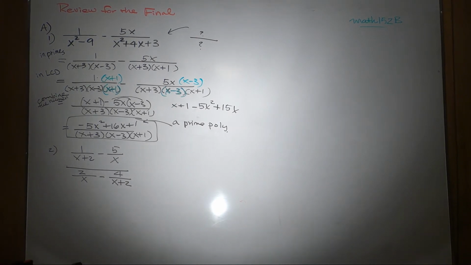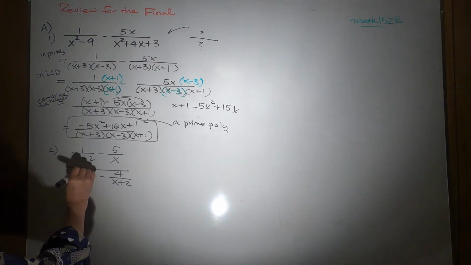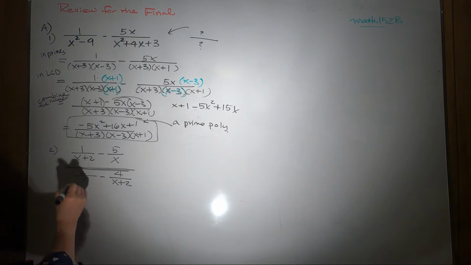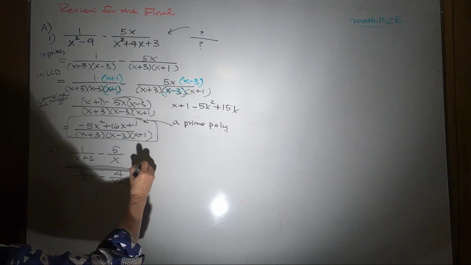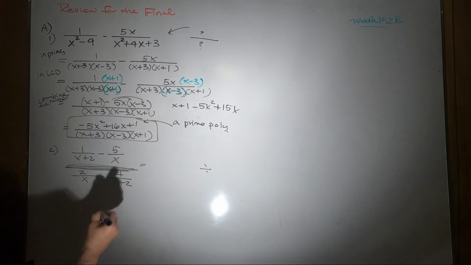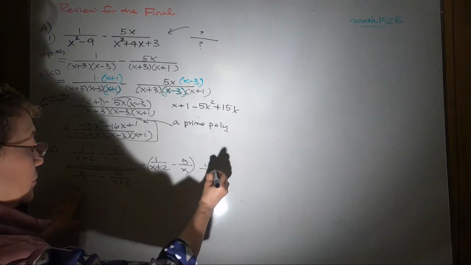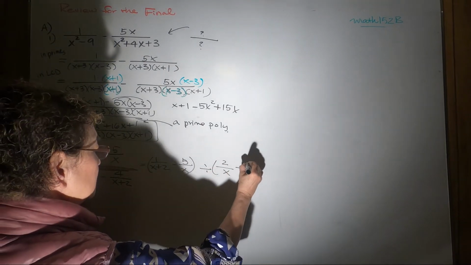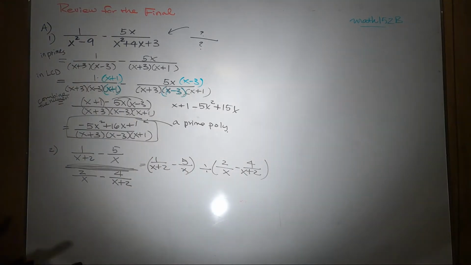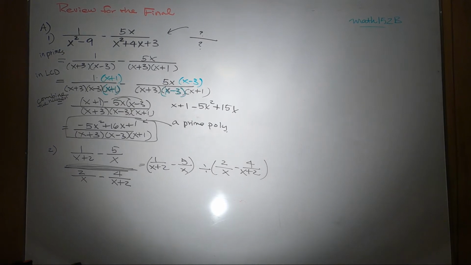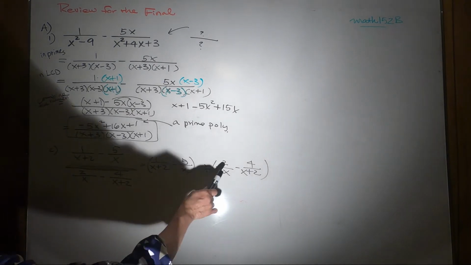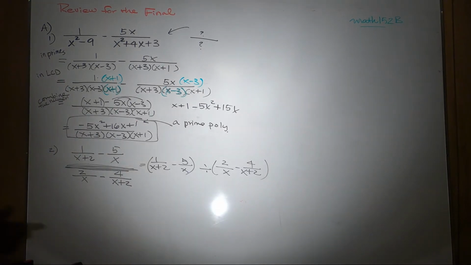A complex fraction is not as complicated as we think, because if you interpret this line as division, would that be much easier? 2 over x over 4x plus 2 becomes two fractions divided. So how do we do division for fractions? You simplify each one, then you divide them. It means multiply by the reciprocal.